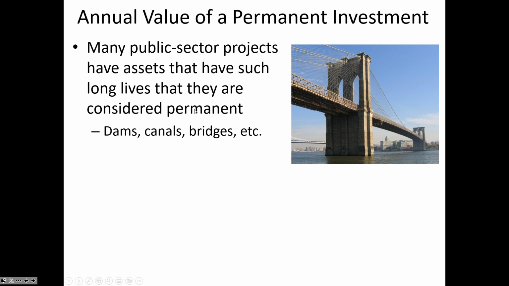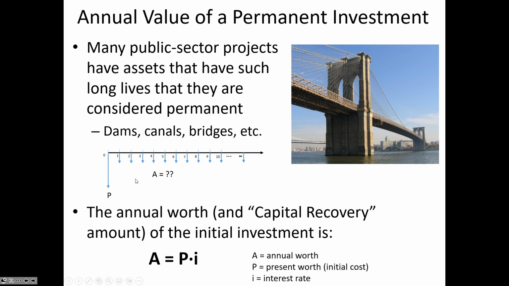But the point is that if we want to find the annual value of a permanent investment, how much it is worth on an annual basis, then we can think of it as capital recovery, but there's no salvage. Remember that capital recovery on the previous slide had an initial purchase price, and then at the end of the cash flow was some salvage value.